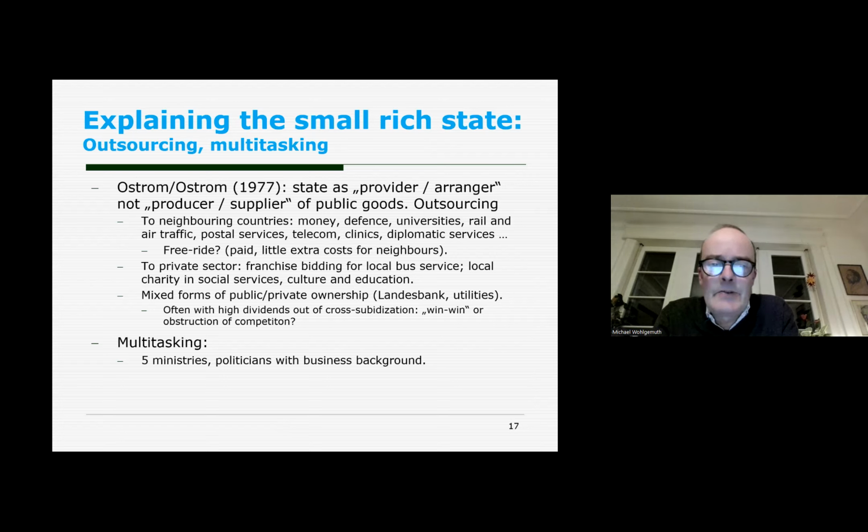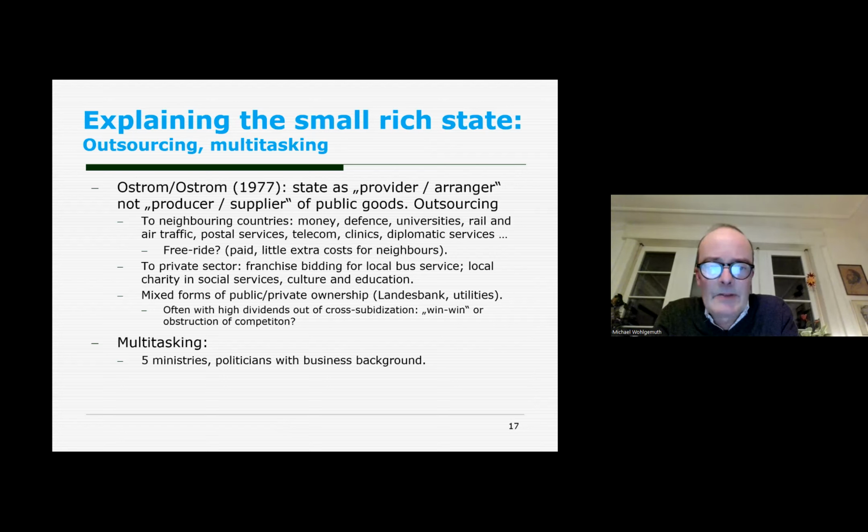Indeed, in a way you could say so, but Liechtenstein pays, and it pays into different funds to establish these public services. And they can be provided for an extra, say, 30,000 people at very little extra marginal costs for these neighbors.